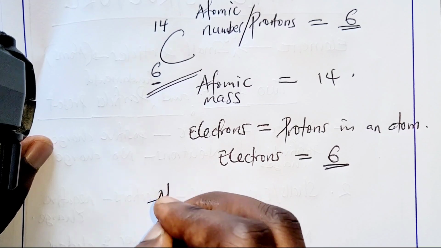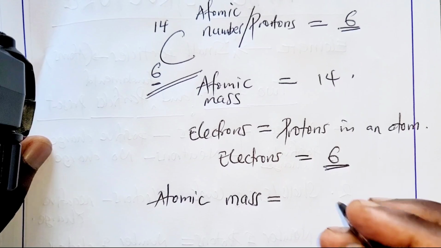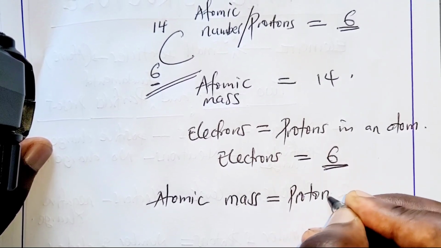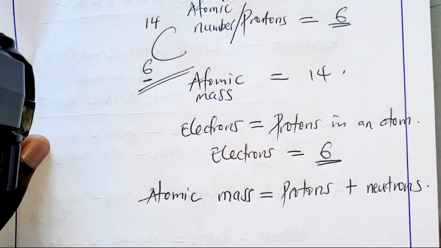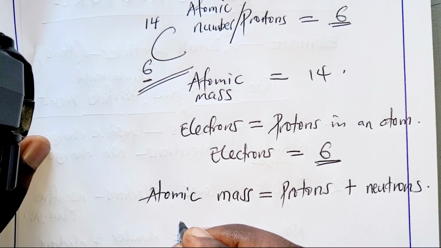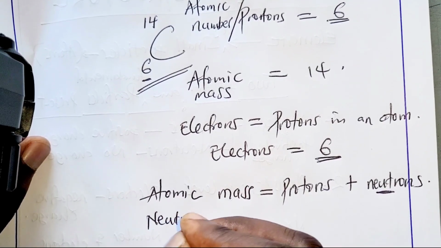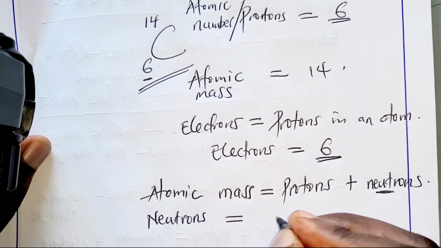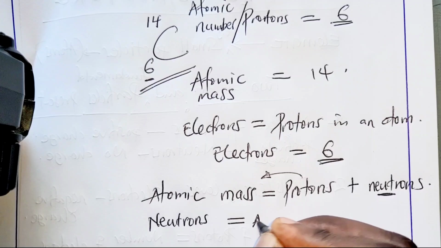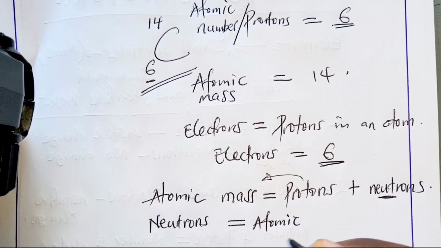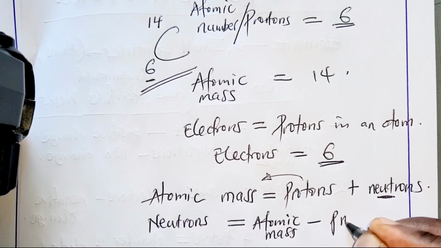Remember we said atomic mass equals protons plus neutrons. That means the atomic mass, which is 14, and what are you looking for? The number of neutrons. Therefore, neutrons is going to be equal to, if we do some simple mathematics, we make this one cross this side, atomic mass minus protons.